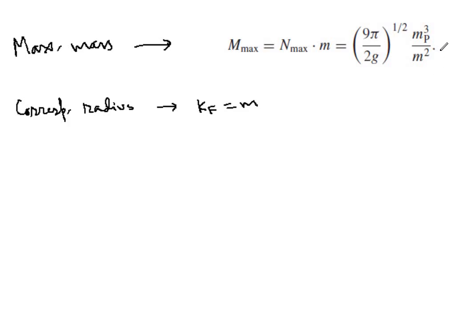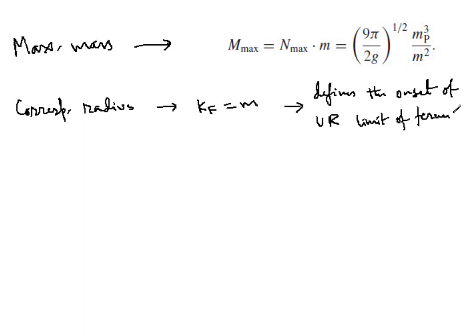Fine. Now let's find the value of the corresponding radius. For that we just put the value kf equal to m, and this basically defines the onset of the ultra-relativistic limit of fermions. Fine.